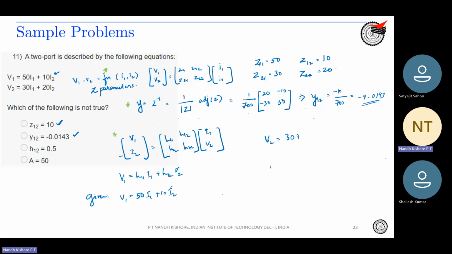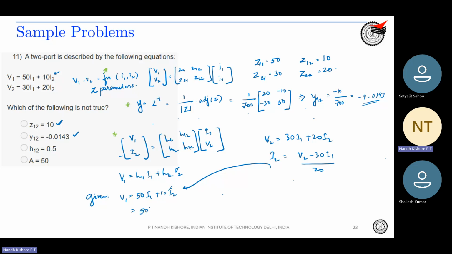V2 is 30 I1 plus 20 I2. Basically I want to remove I2. So I2 is equal to V2 minus 30 I1 by 20, right? I will substitute this over here.